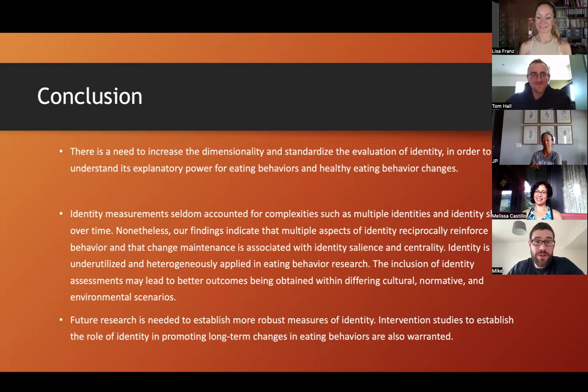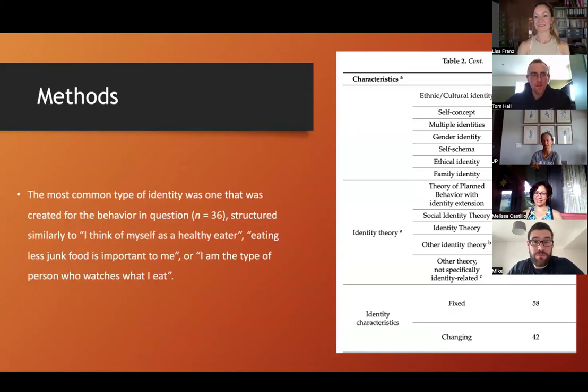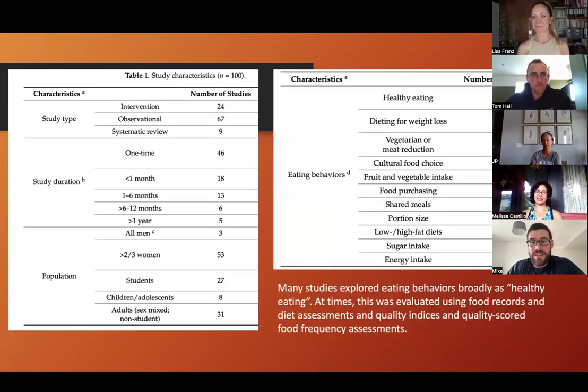I pretty much took similar things to what you took away, Lisa, in the sense that identity was found to be important, but there isn't enough research for them to define good measurements for it. I think they found studies are measuring it, but it's kind of mixed, if that makes sense.